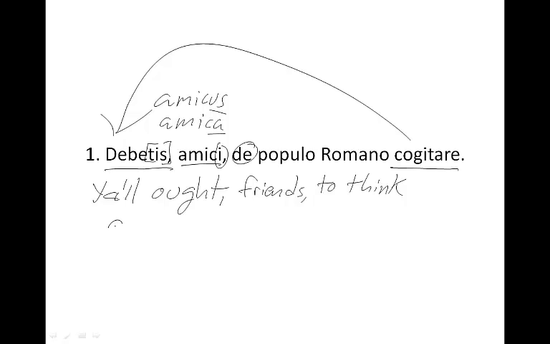To think about populo Romano, the Roman people. One last question. What case is populo Romano? It has to be ablative because of de. Whenever something comes after de, it's in the ablative.